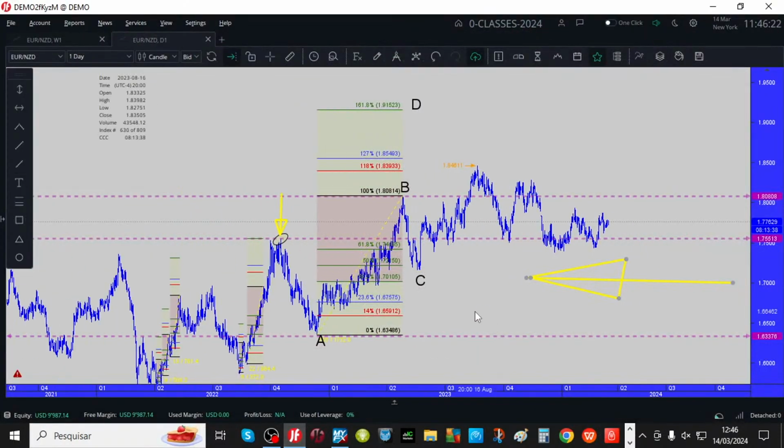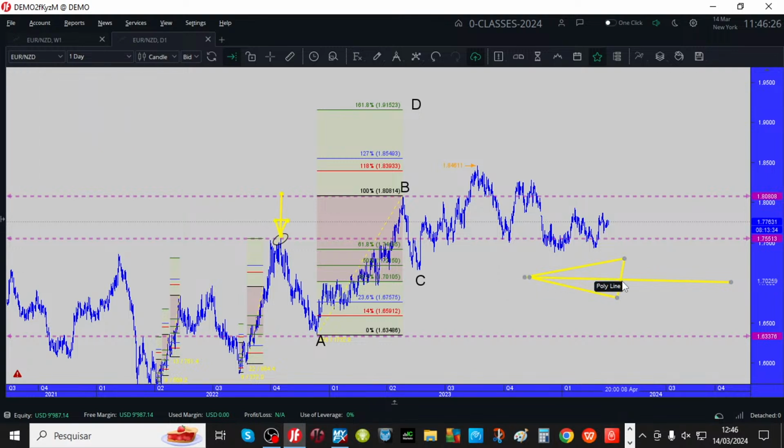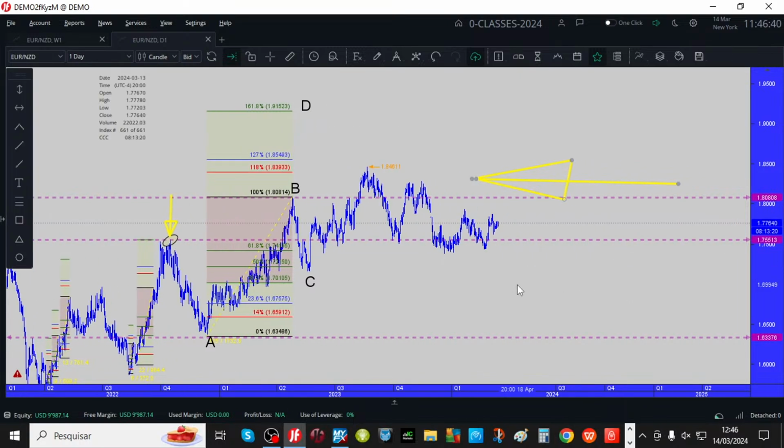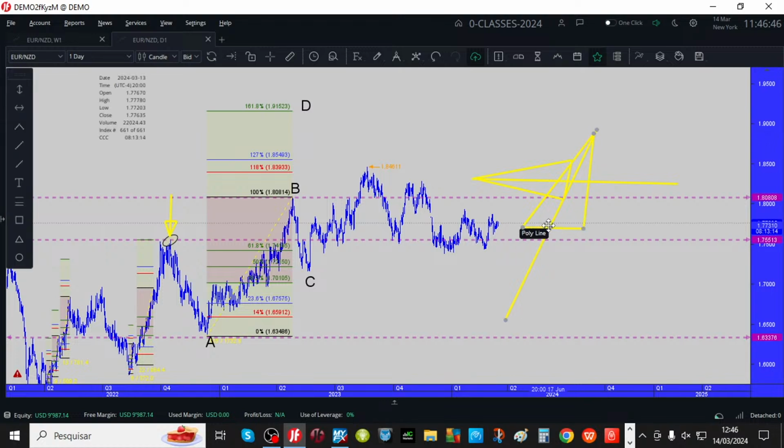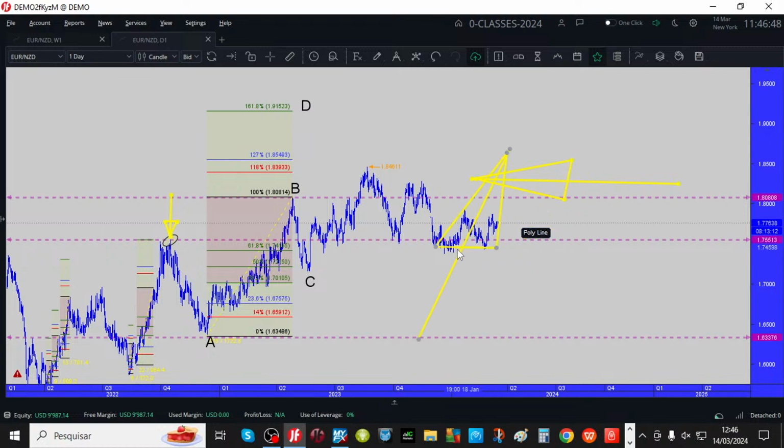So, just to finish for today, if the monthly Fibonacci on Euro New Zealand is up, and the weekly Fibonacci on Euro New Zealand is up, and the daily Fibonacci on Euro New Zealand is up, what do you think? How should you trade? Direction-wise. Makes sense to have a better probability.